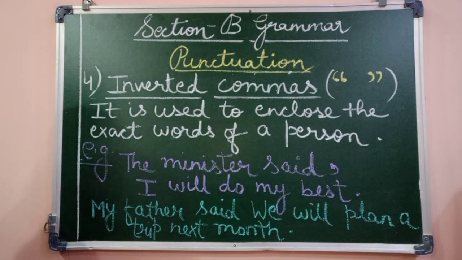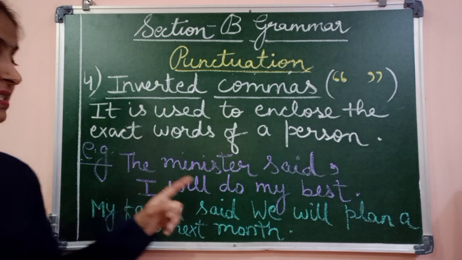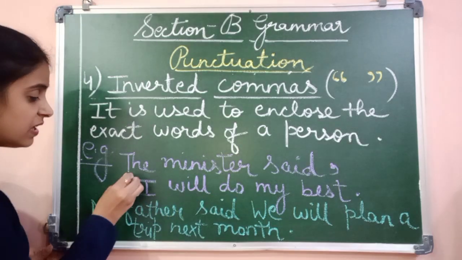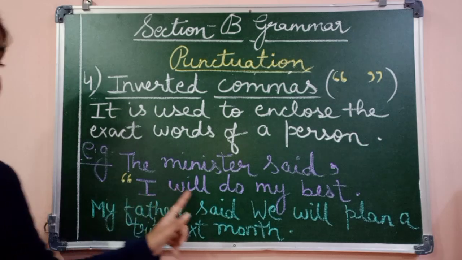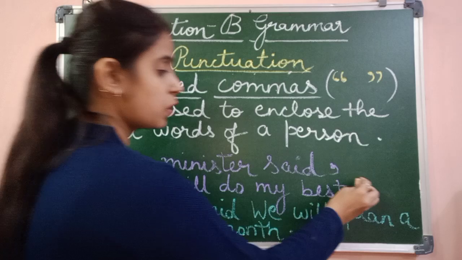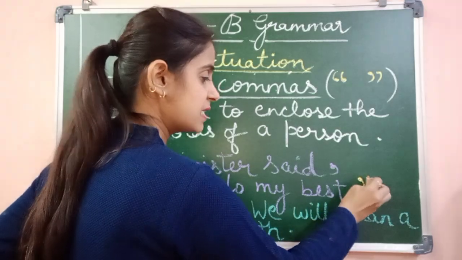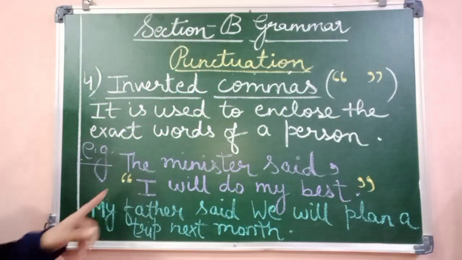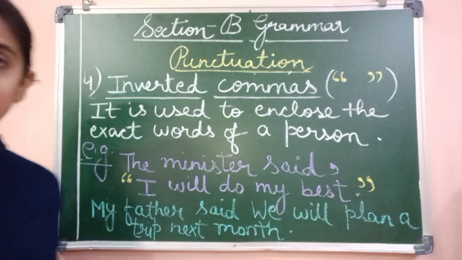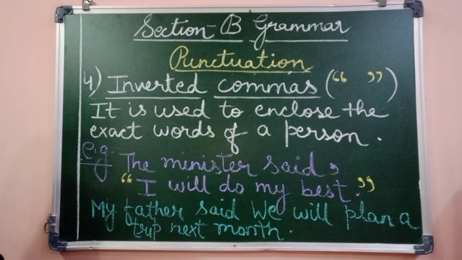Like in this sentence, it's written, the minister said, I will do my best. Now these words, I will do my best, are the exact words spoken by the minister. So we will put these words in inverted commas. Right? So this shows that these are the exact words of the speaker.